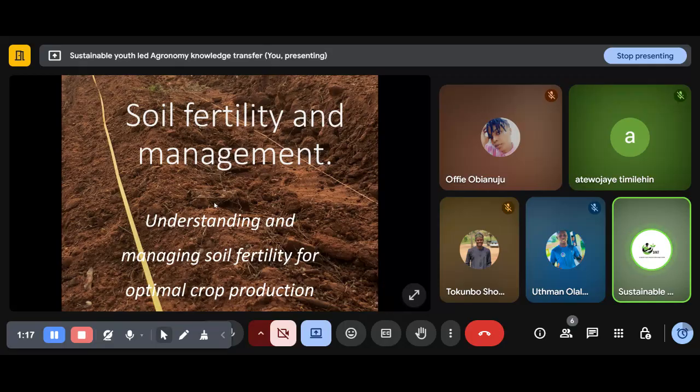If you are doing soil farming, not using a soilless medium, the first foundation is your soil. If your soil is having issues, there is no way you will get maximum productivity. So it is very important for us to have a good and robust soil fertility management. That is why we are discussing this topic today.